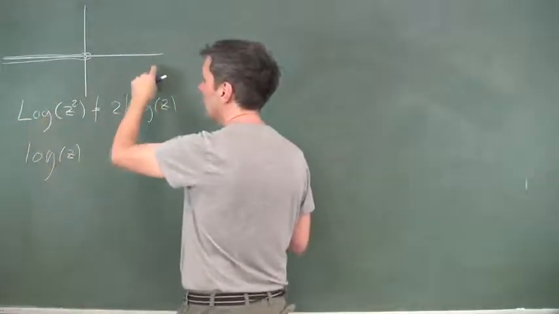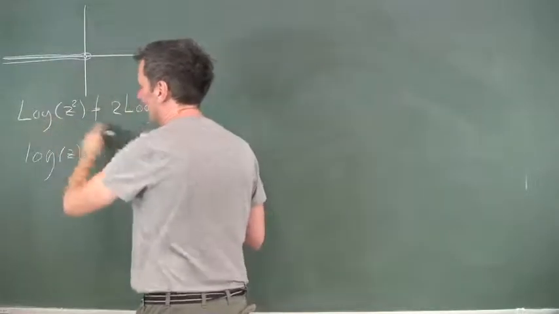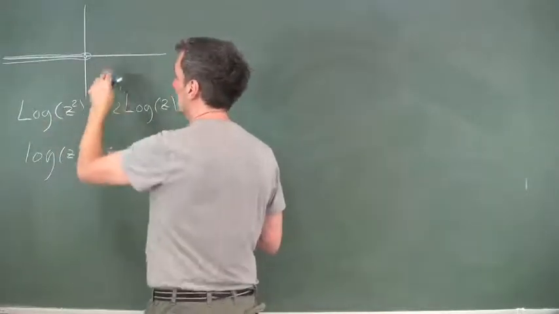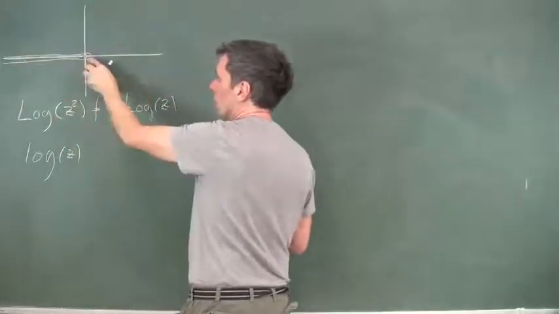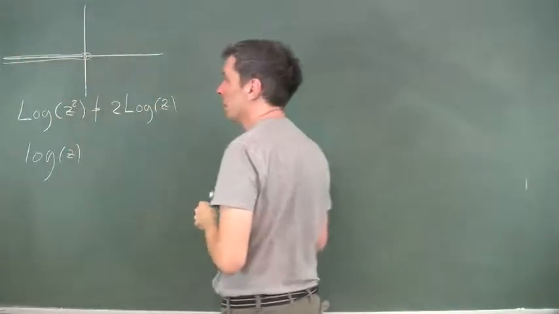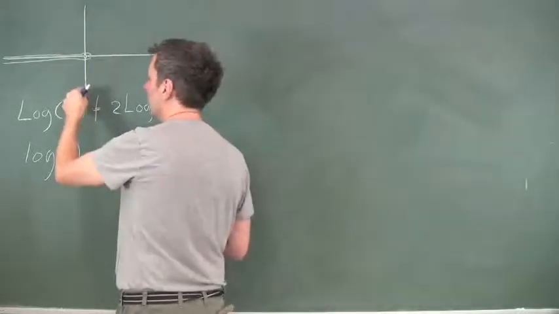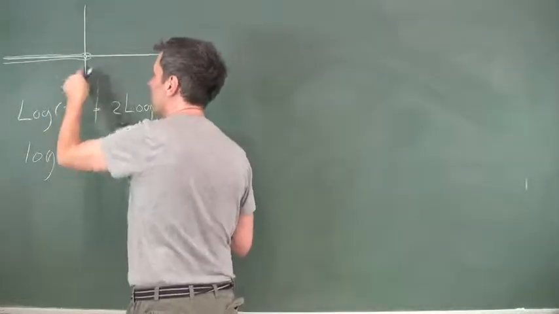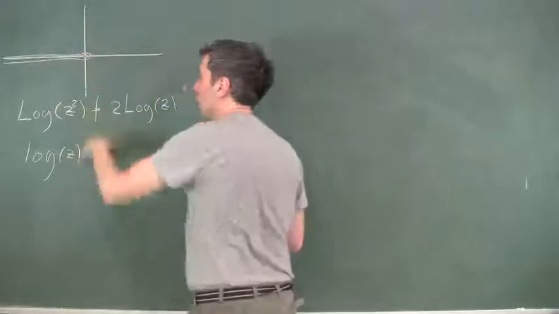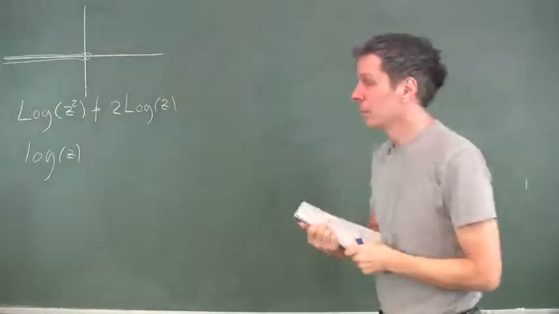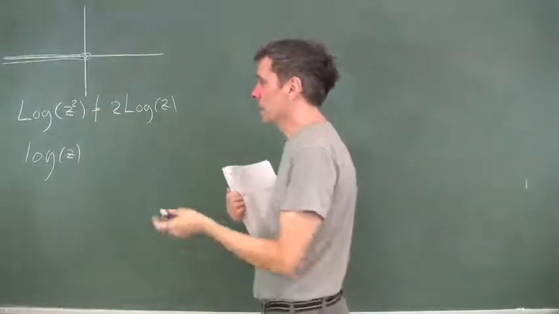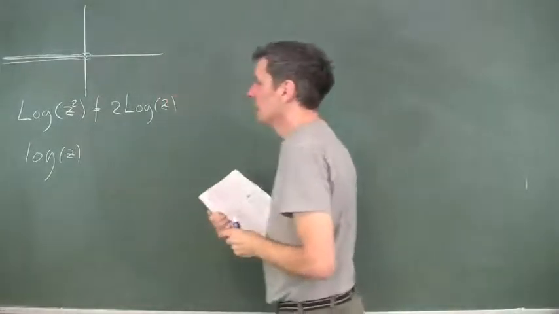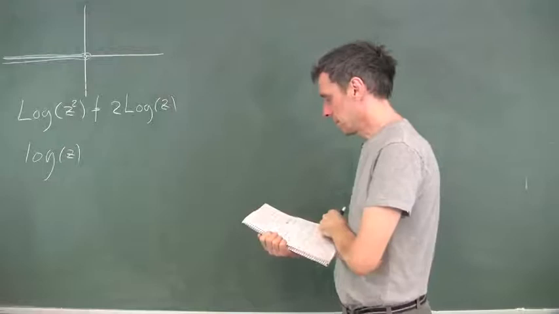For example, we can find a logarithm function which is continuous in all this part, but not on the positive real axis. Or we can find one which is continuous here, but not on the lower part of the imaginary axis. So according to what problem we are discussing, we may choose different branches of the logarithm function.